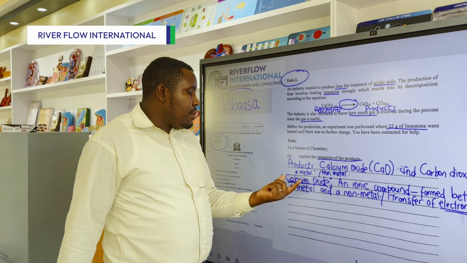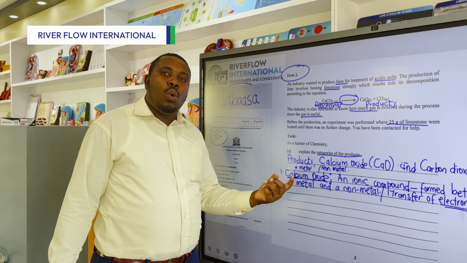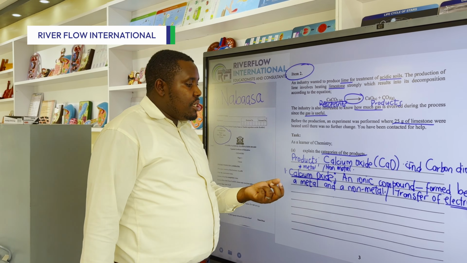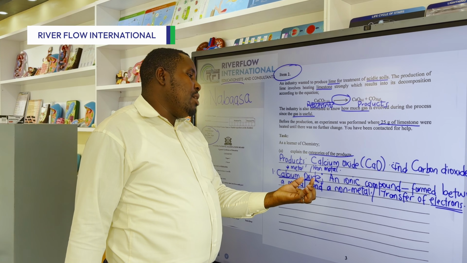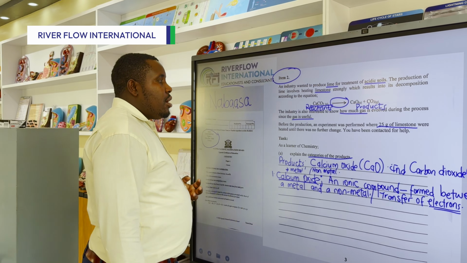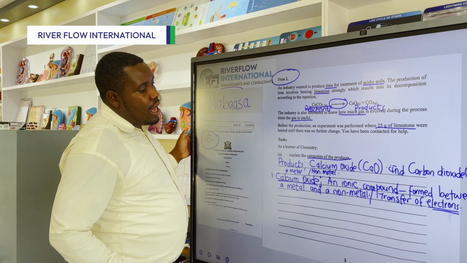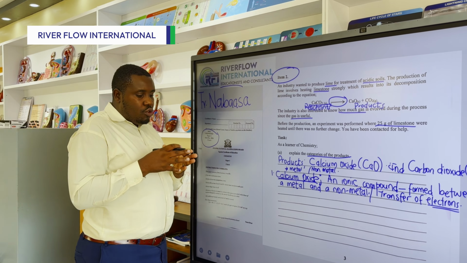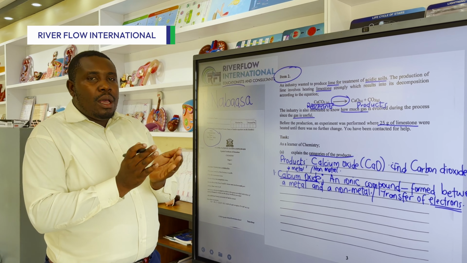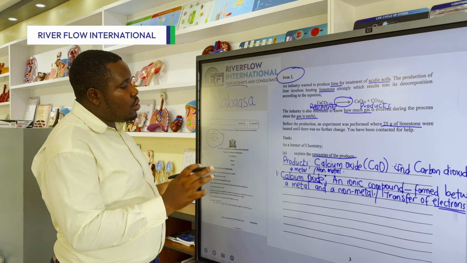So you realize that being a metal, calcium will lose its outermost electrons, while oxygen, being a non-metal, will receive the electrons, and therefore the bond formed is an ionic bond, and the compound becomes an ionic compound.